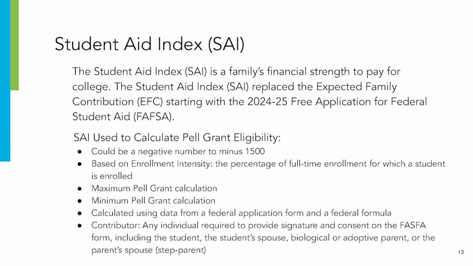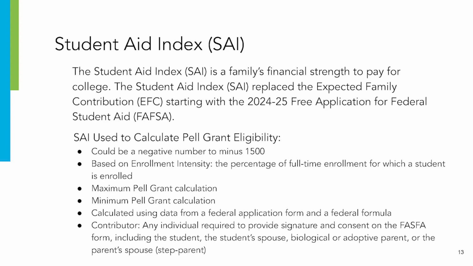The Student Aid Index is used to calculate Pell eligibility. That could be the maximum Pell amount, the minimum Pell amount, or an amount somewhere in between that follows a formula utilized by the institution.